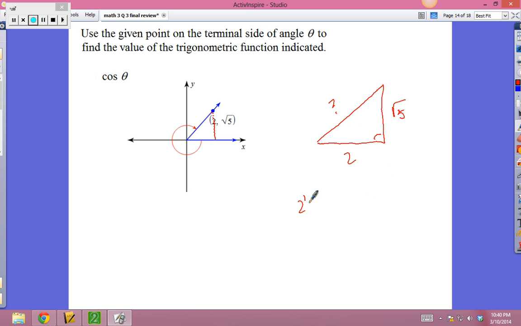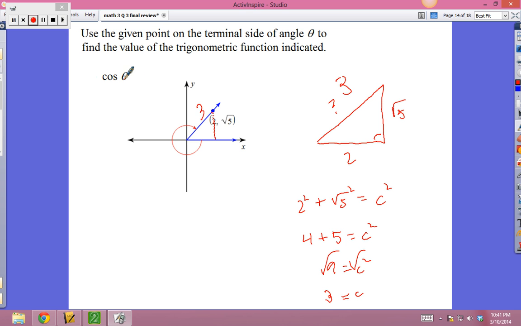So I'm going to go 2 squared plus square root of 5 squared. That's going to be c squared. So 4 plus 5 equals c squared. 9 equals c squared. Square root, so c's got to be 3. So this is going to be a 3.